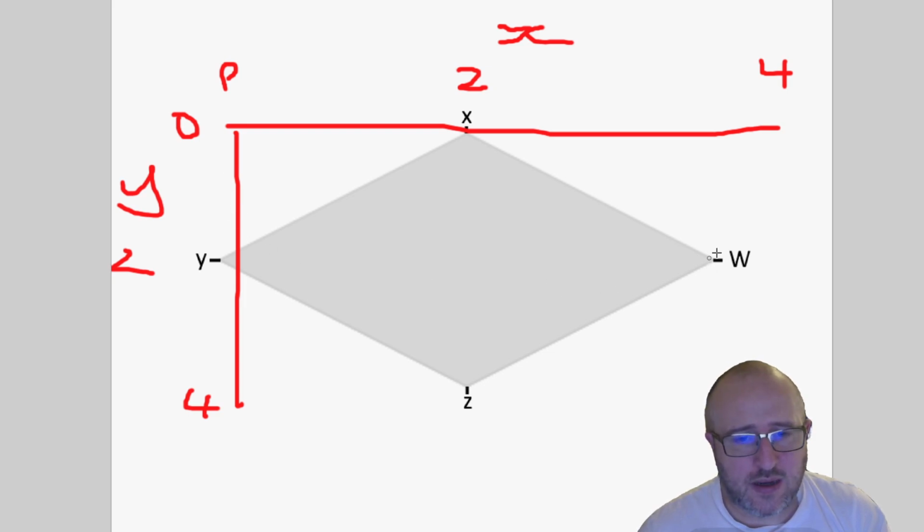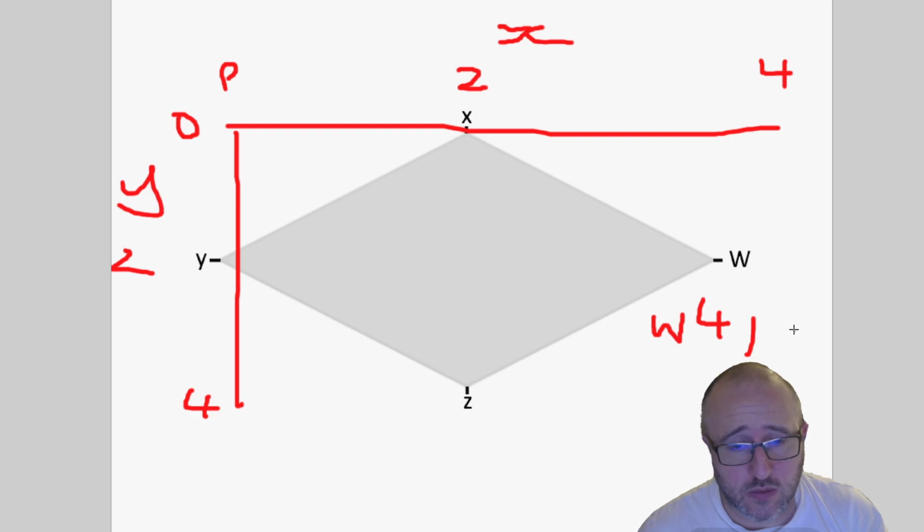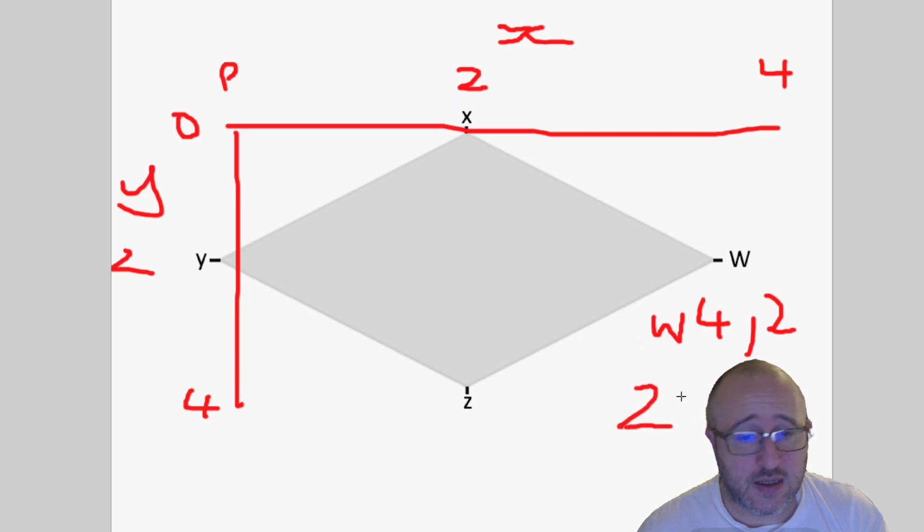So if we wanted to work out W, for example, the coordinates of W would be 4 on the X, and then the Y would be 2. And then let's say the coordinates of Z would be 2 on the X, and then 4 on the Y. So if we wanted to get this coordinate here, we'd add those together and get 6.